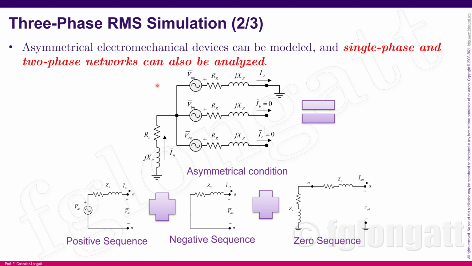Basically, what PowerFactory is doing for you is creating the three different sequence network representations: the positive sequence network, the negative sequence network, and the zero sequence network.